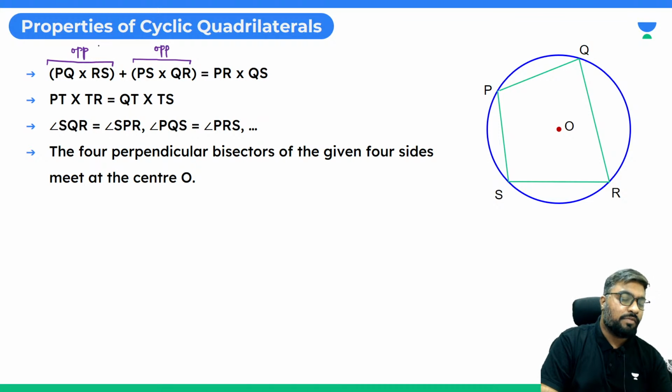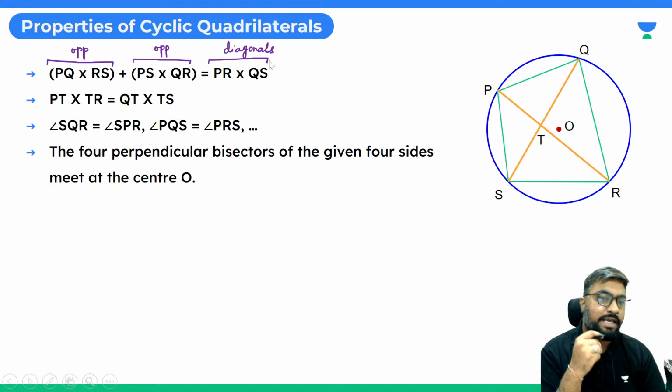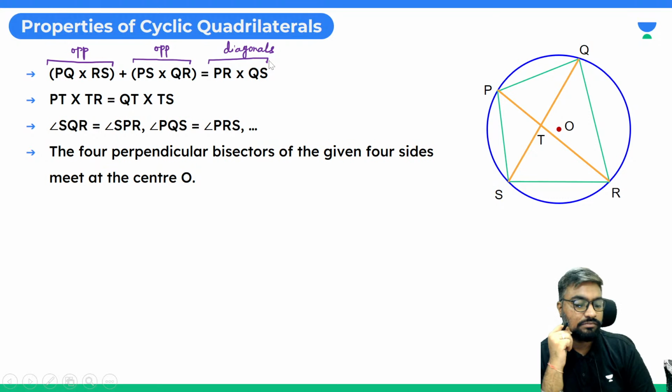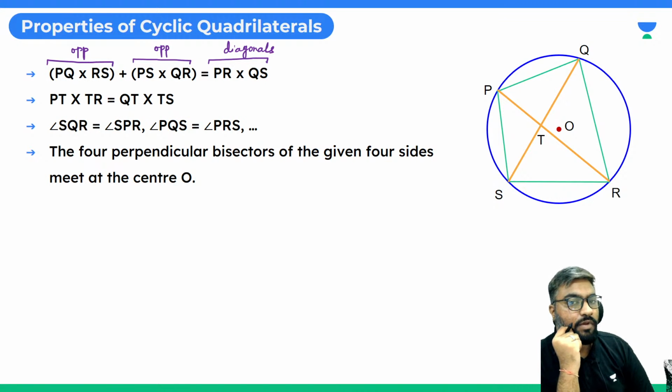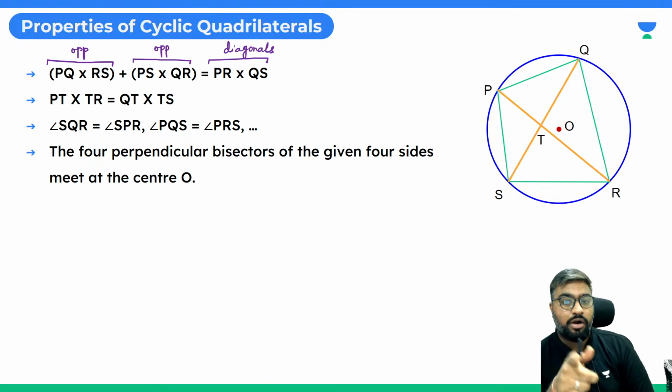So the sum of the product of opposite sides is always going to be equal to the product of the length of the diagonals. Say yes if you got this. The sum of the product of opposite sides will always be equal to the product of the diagonals.